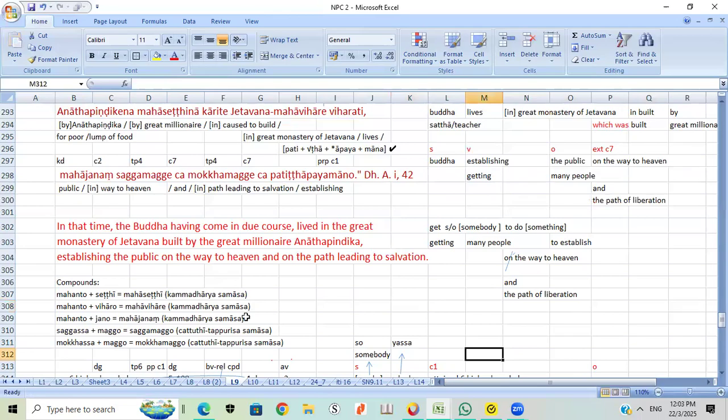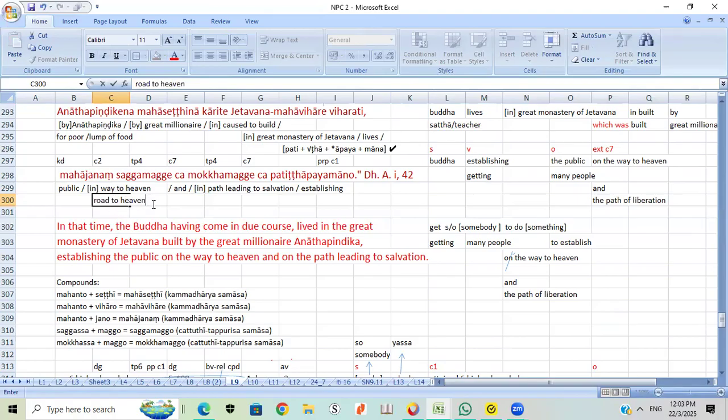Sagasa Muang Mago is a Chatuti Taprisa, C6? 2, 4, 4. Path. Taprisa. Marga is a path or a way. A road. You don't say road to heaven. We don't use the road.